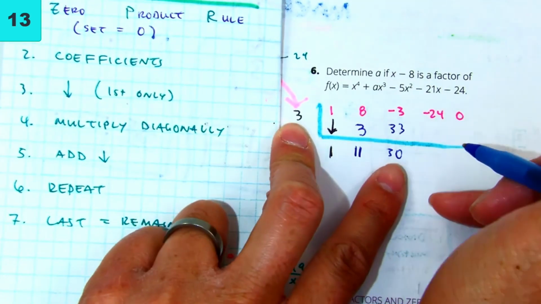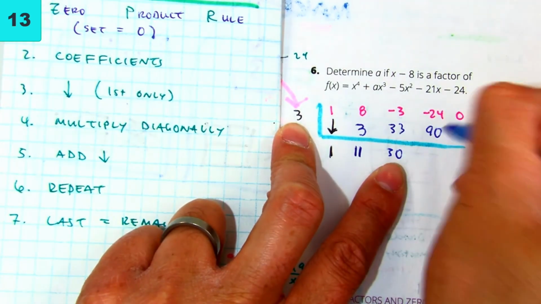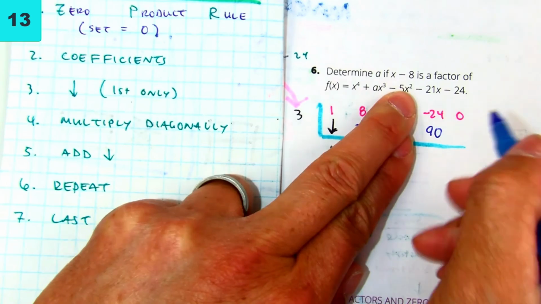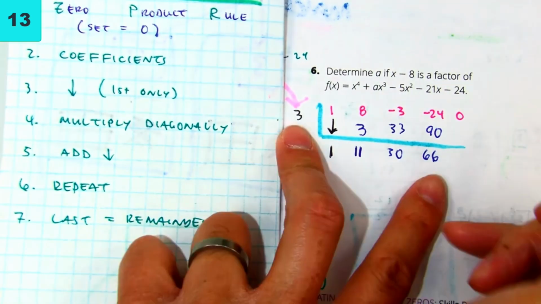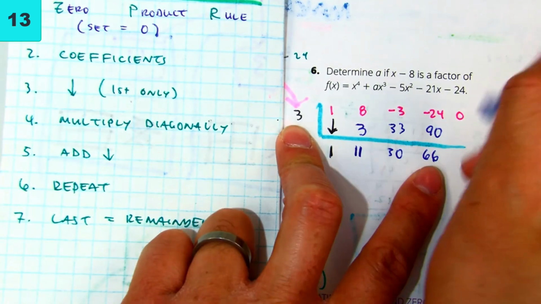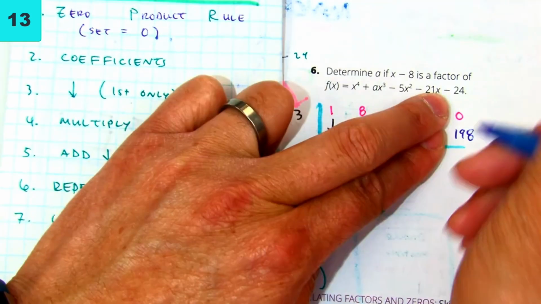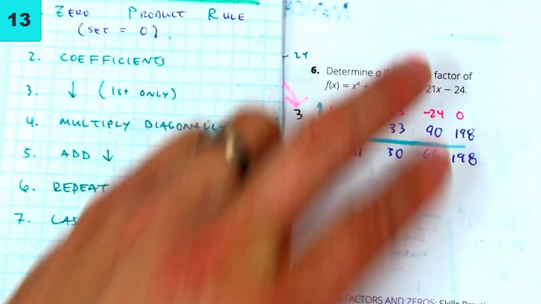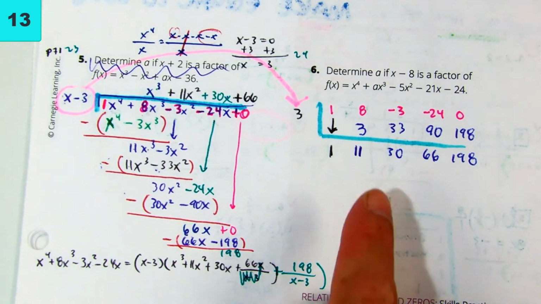Multiply. Add down. Multiply. Add down. And again, you can kind of see they're all the answers right there.